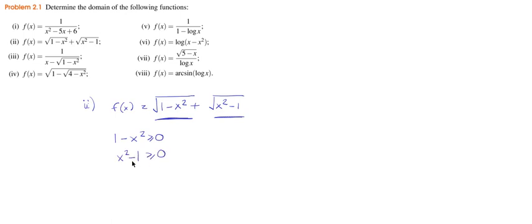But the interesting thing is that this expression we can write as this if we multiply everything by minus 1, or just put this on the other side. So that means that 1 minus x squared has to be greater or equal than 0, and 1 minus x squared has to be smaller or equal than 0. The only way to combine these 2 expressions is that this thing is 0.